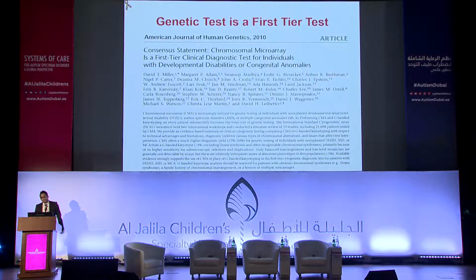So for genetic testing, there is a consensus in the clinic. It's considered to be the first-tier diagnostic test for developmental disabilities and congenital abnormalities, and this consensus was published in 2010.